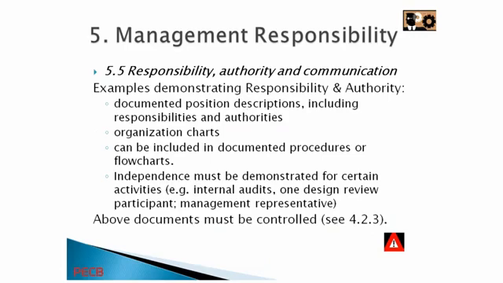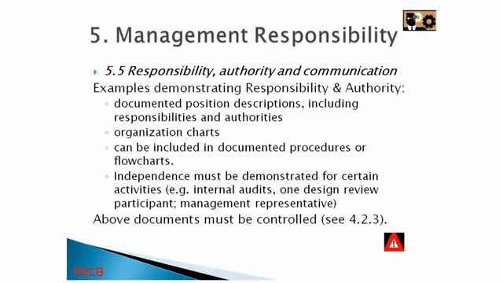5.5 is related to responsibility, authority, and communication. The organization has to define the responsibility and authority, and it should be documented: position descriptions, including responsibilities and authorities. An organization chart can be included in a document procedure or flow chart.